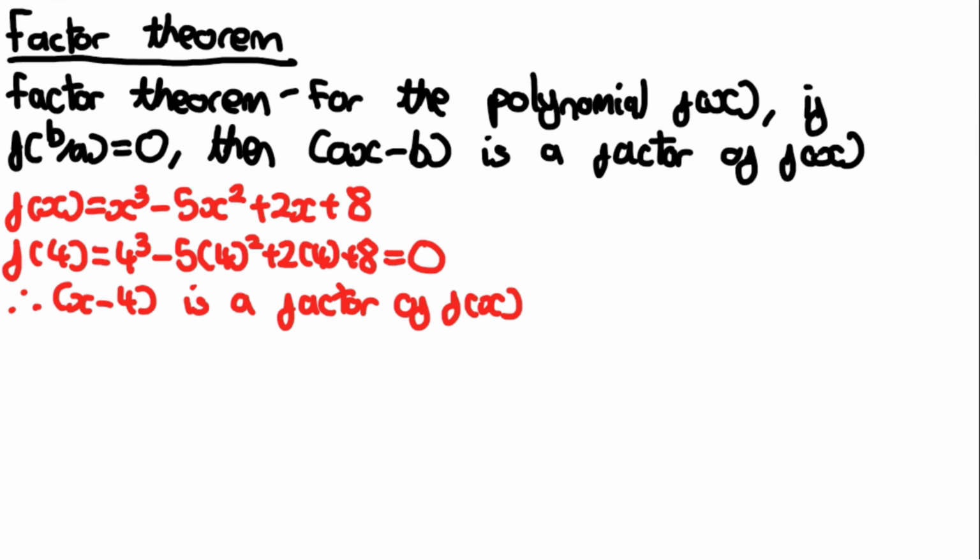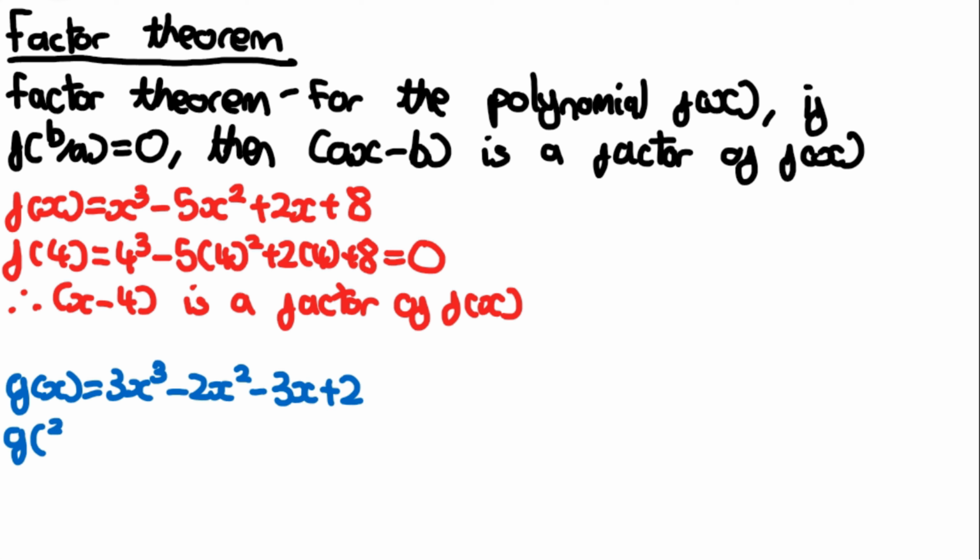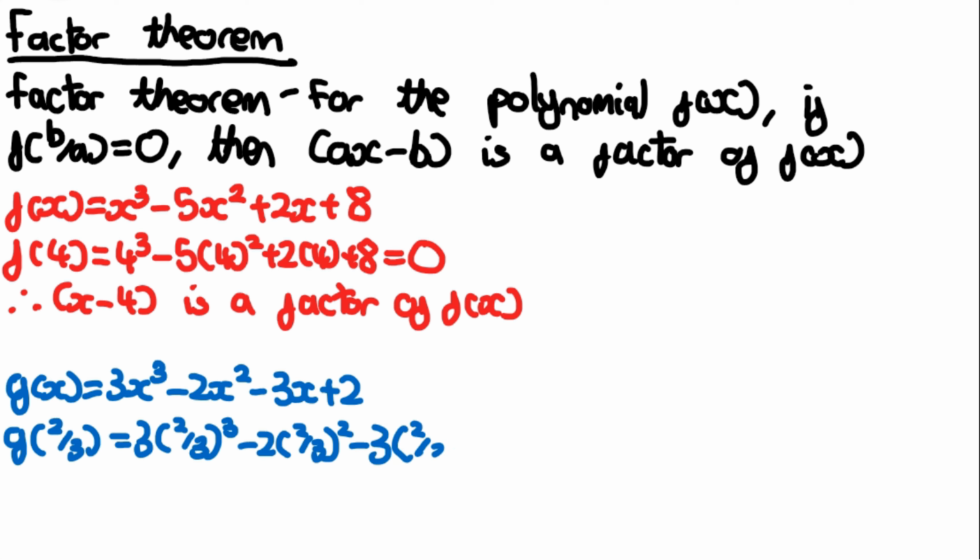Let's do another example. Let's say that g of x is equal to 3x cubed minus 2x squared minus 3x plus 2. Well, g of 2 over 3 is equal to 3 of 2 over 3 cubed minus 2 of 2 over 3 squared minus 3 of 2 over 3 plus 2, and if you put this into a calculator, this is equal to 0.